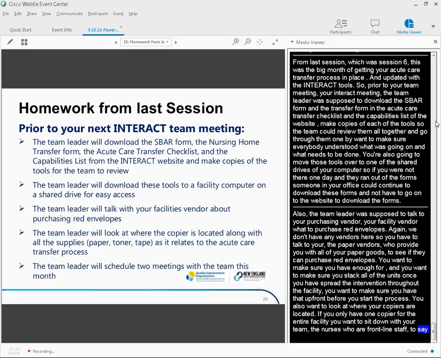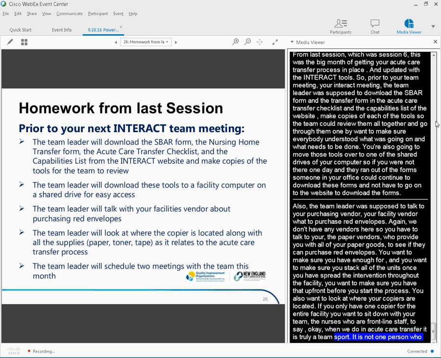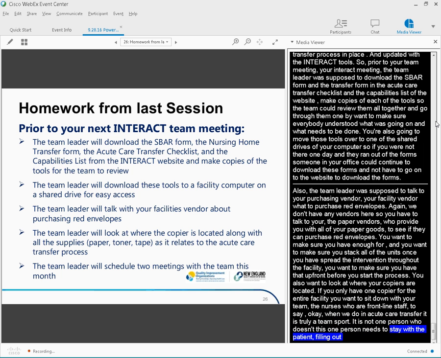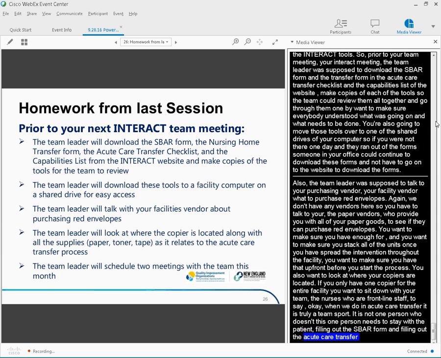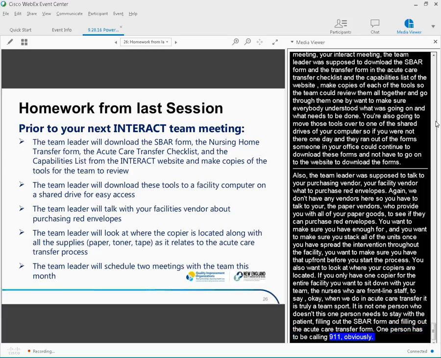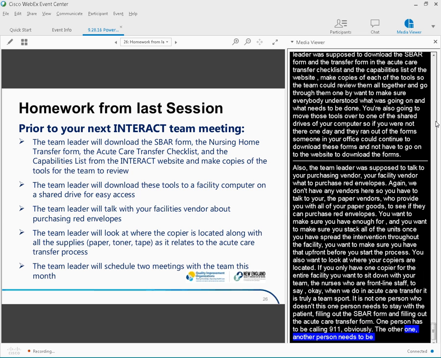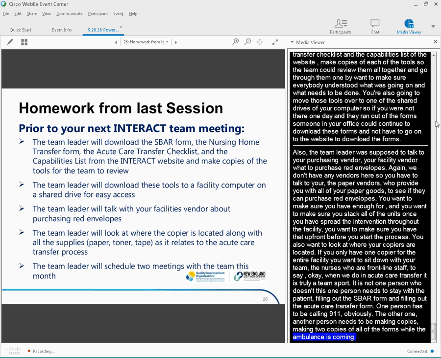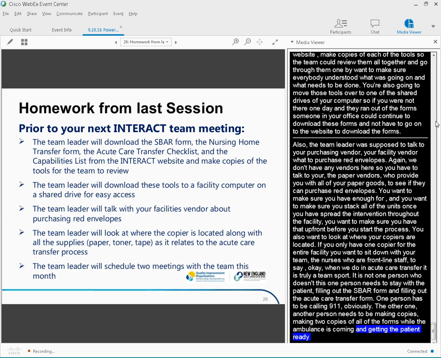It is not one person who does this, because one person needs to stay with the patient and fill out the SBAR form and the acute care transfer form. One person has to be calling 911, obviously. Another person needs to be making 2 copies of all the forms while the ambulance is coming, and getting the patient ready for transfer. So it takes more than one person to do an acute care transfer correctly.